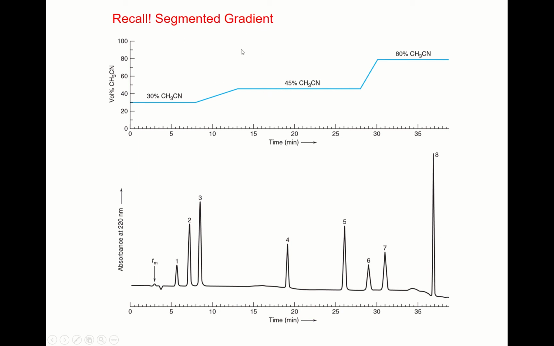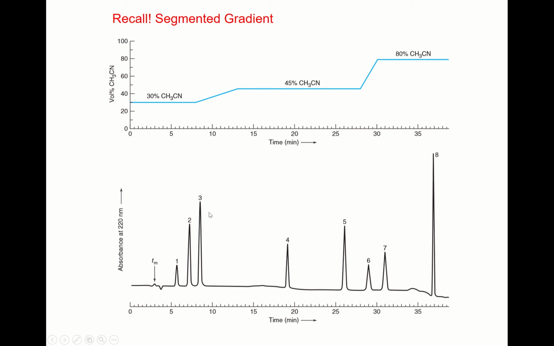In segmented gradient, for example, this is Figure 12, you have 8 compounds, and with only isocratic elution it takes a long time, maybe more than an hour.